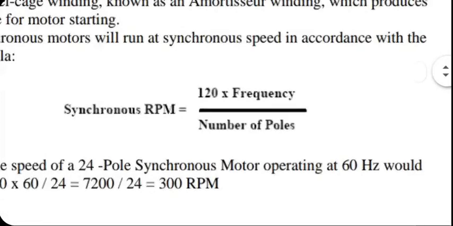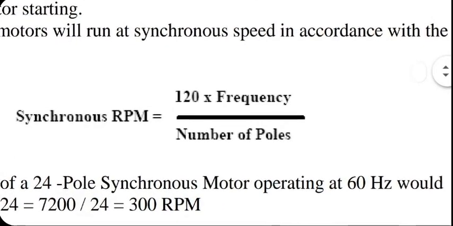The synchronous speed ns is given by this famous equation, 120f divided by p. P is the number of poles in this stator, an even number, of course. F is the frequency at which the three-phase supply is being delivered to the stator, measured in hertz.